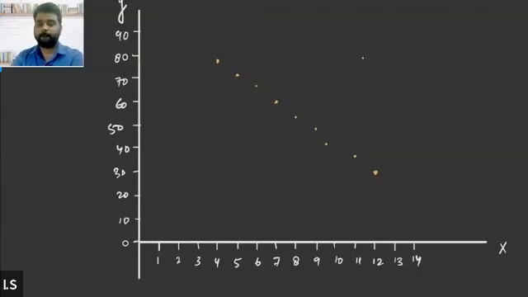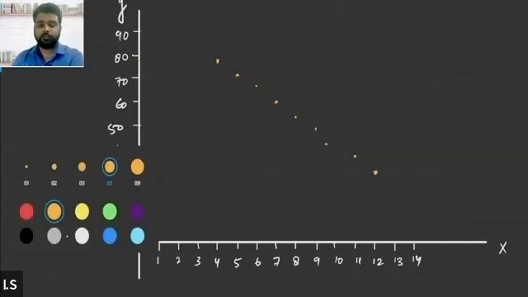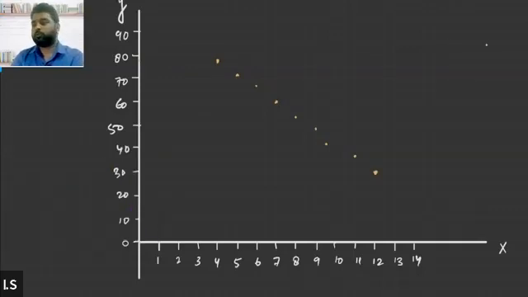Right? Yes, sir. So you have to write down the type of correlation between the variables. So we will be writing it here: perfectly negative correlation.